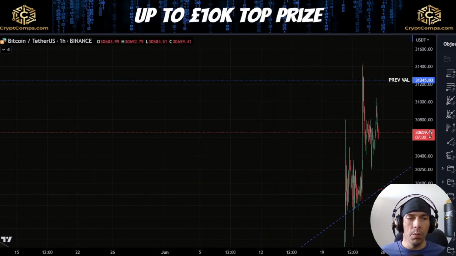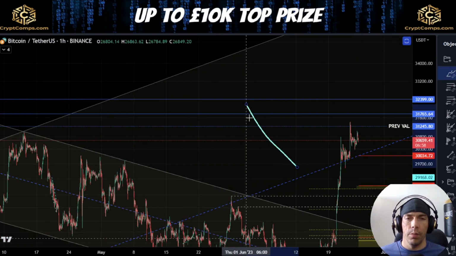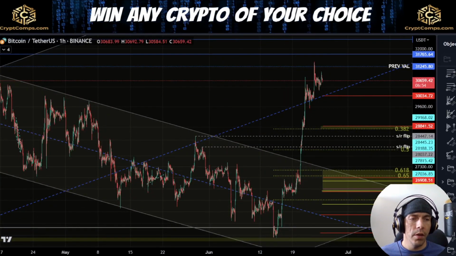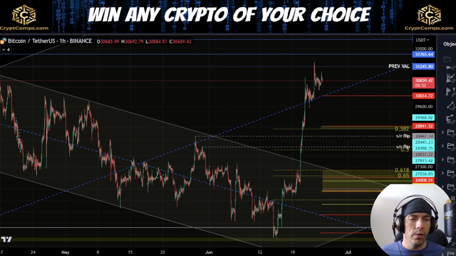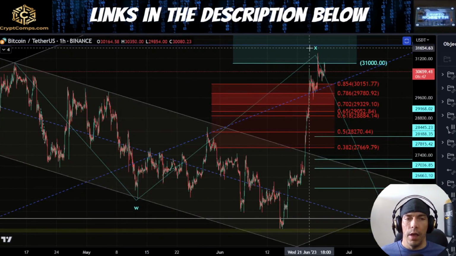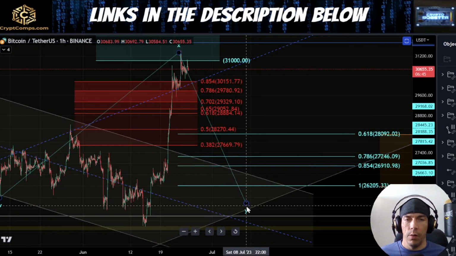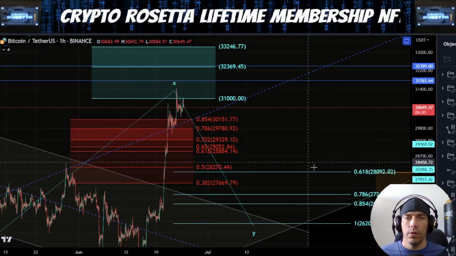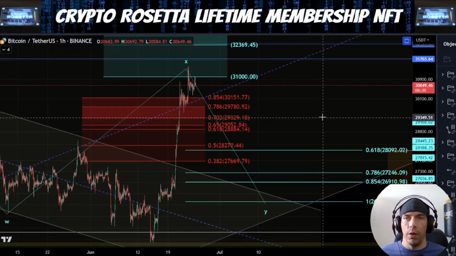Now, what we need to be careful of here on the bigger picture is that if we do have this as a completed 5-wave move to the upside, what we could see is that this whole move could actually just be a W, an X, and a Y. If we see a 3-wave move down towards 26,205, or alternatively, this move could actually be a bigger flat correction.